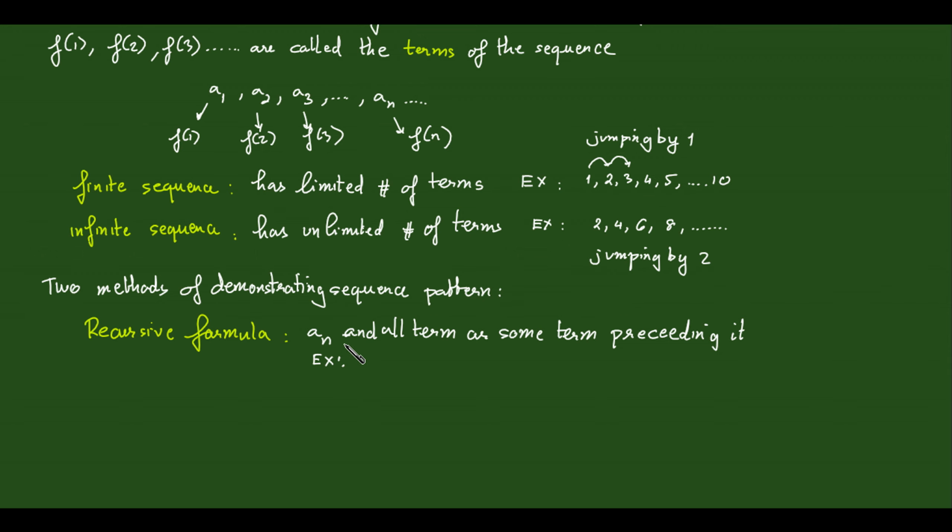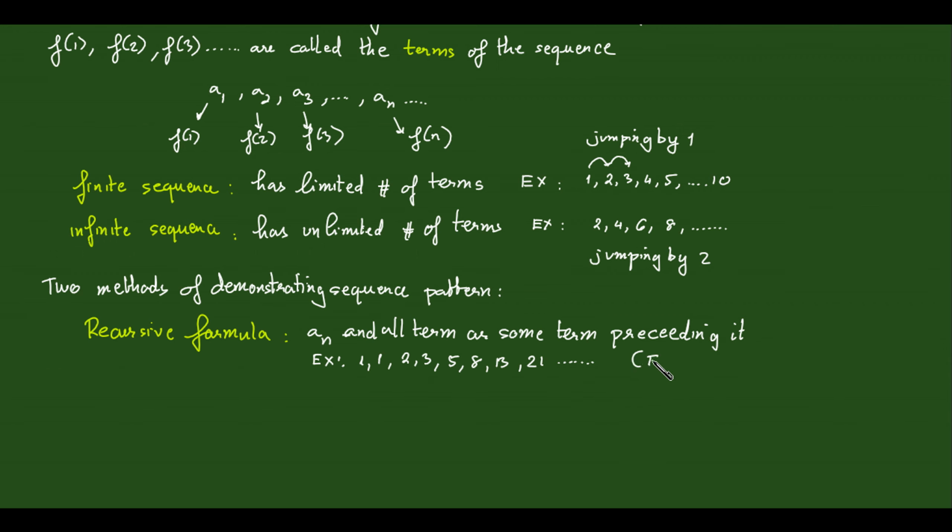You guys know what the Fibonacci sequence looks like. The Fibonacci sequence is 1, 2, 3, 5, 8, 13, 21. So the Fibonacci sequence is an infinite sequence.